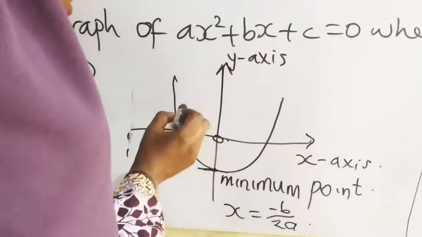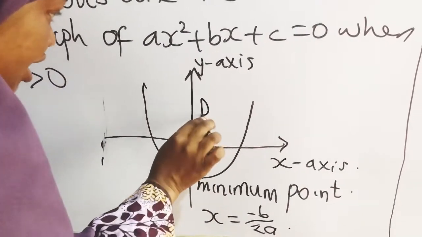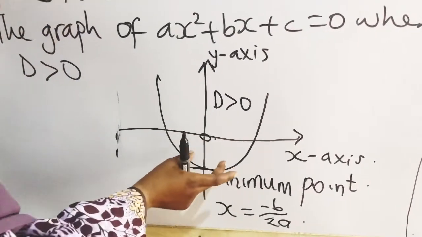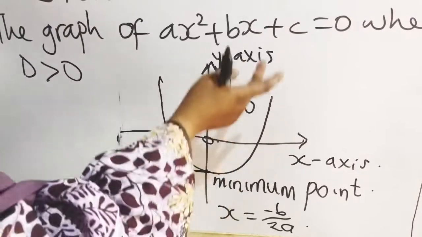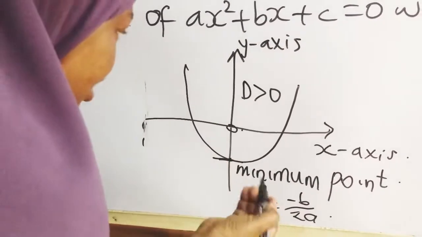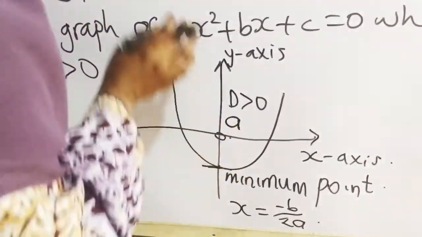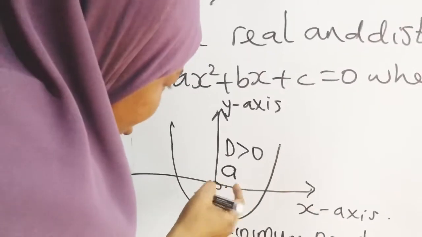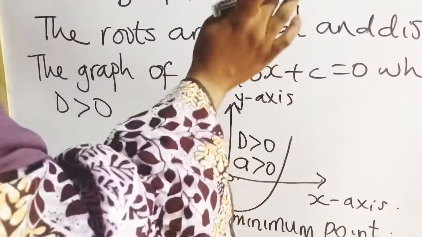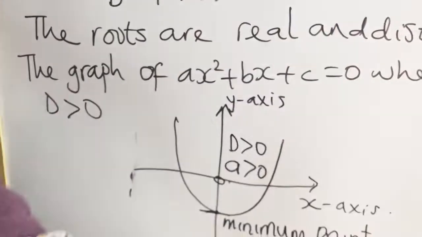So you have to watch that video. For us to determine how the graph of a quadratic equation looks, it depends on what happens to a, the coefficient of x squared. When a is greater than 0, the U shape looks up. When a is less than 0, it looks down.